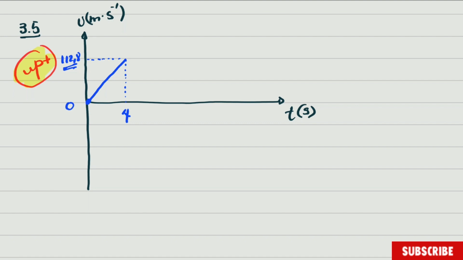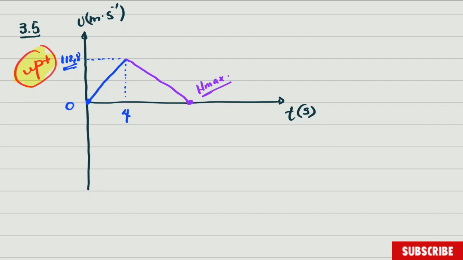Now at that point, the rocket is still moving up, but the velocity decreases until it stops at a certain point. The graph is pointing down until it reaches the maximum height. This point here is at the maximum height, which we don't have the time for because we did not calculate it.